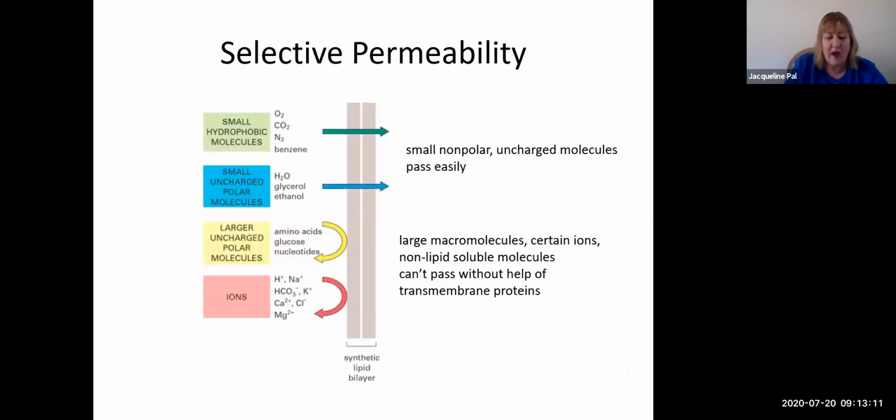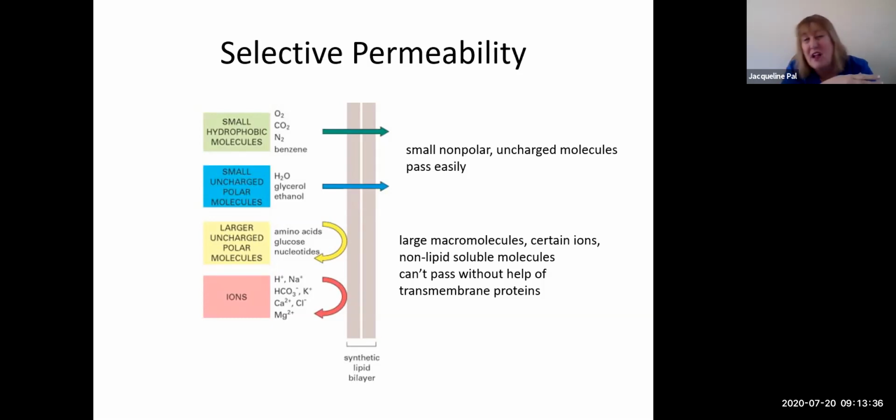So what do all these structures do? They allow the cell to have what's called selective permeability. In other words, it can be a little bit of a snob. It can decide what comes in and what doesn't. Some very small molecules that are hydrophobic can come in. What does hydrophobic mean? It means they don't like water.